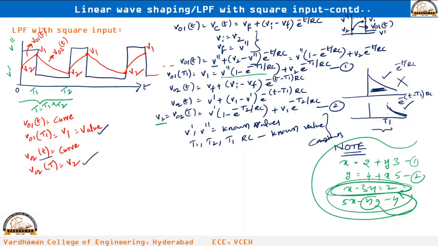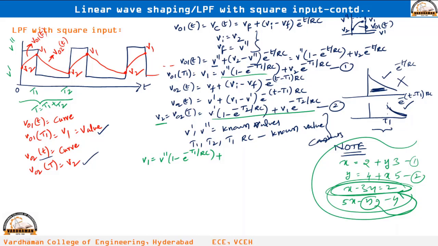Okay. So, I am taking this V2 in equation 1, see what will happen now. V1 is equal to V double dash into 1 minus e power minus T1 by RC, plus V2. V2 means what is there here? This entire thing we have to multiply, according to equation 1, with e power minus T1 by RC.